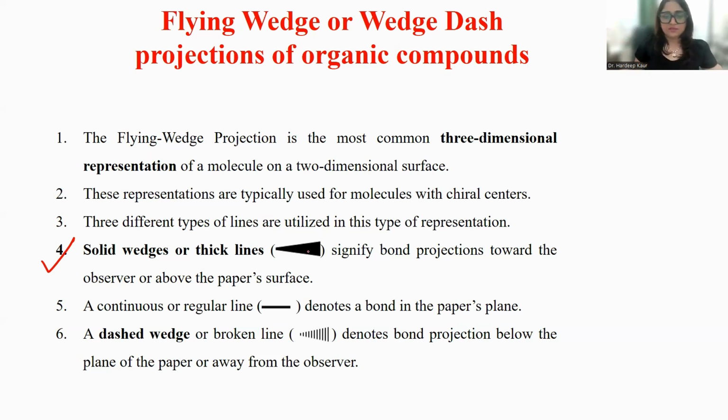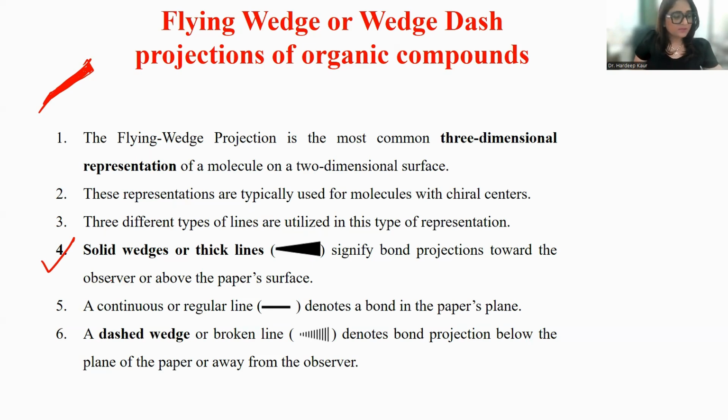It signifies that whatever the group is, it is towards the observer or above the plane. You have to remember one thing: if you are getting this type of bond, then you say it is above the plane, or towards the observer.